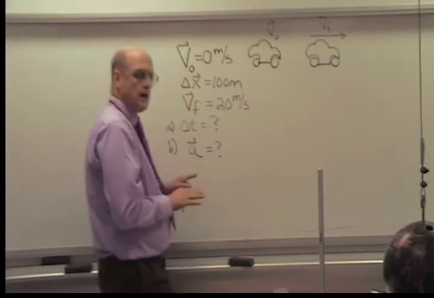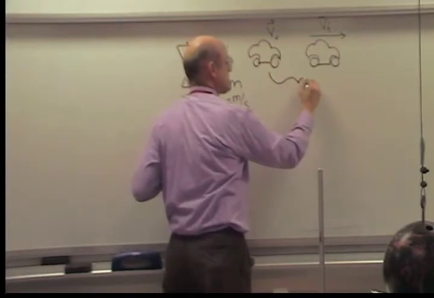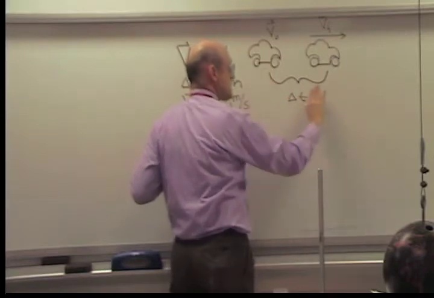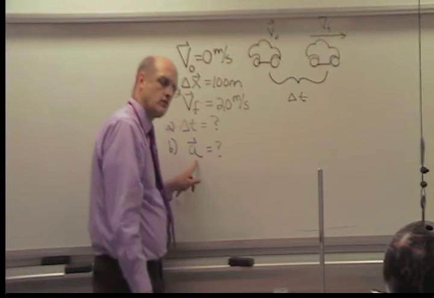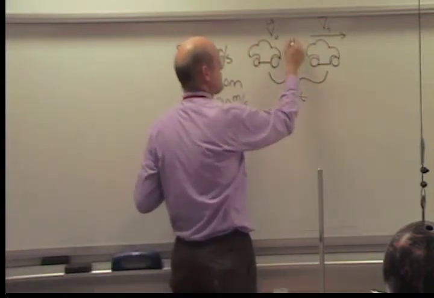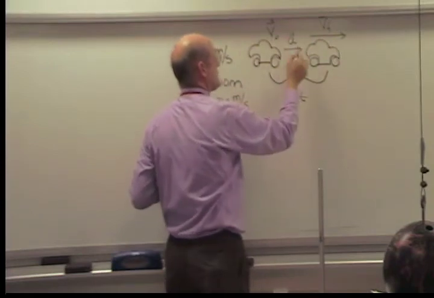We're looking for time, and the way I would like you to show time is put a parentheses like this, and then write delta t. So that shows that there's a time interval going from here to here. And then last but not least, we're looking for acceleration. The acceleration occurs during this time interval. So write A, and then draw an arrow pointing to the right.